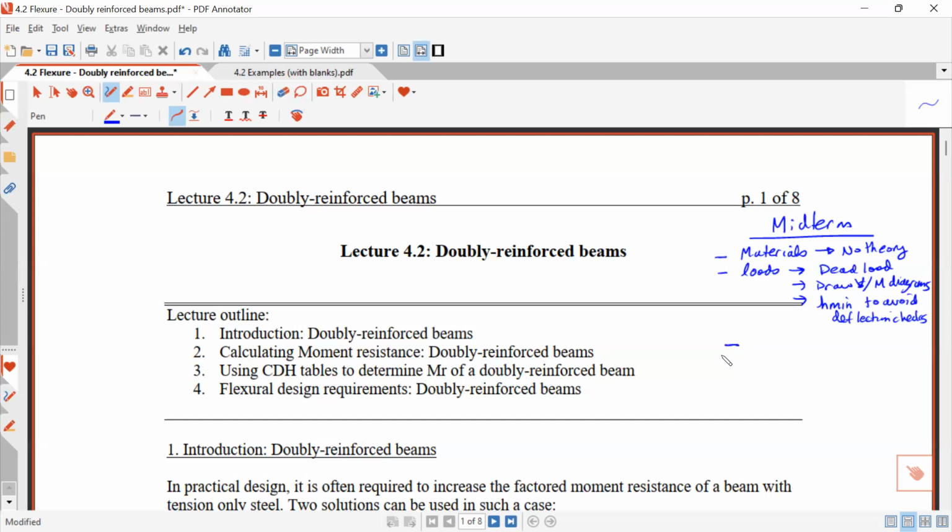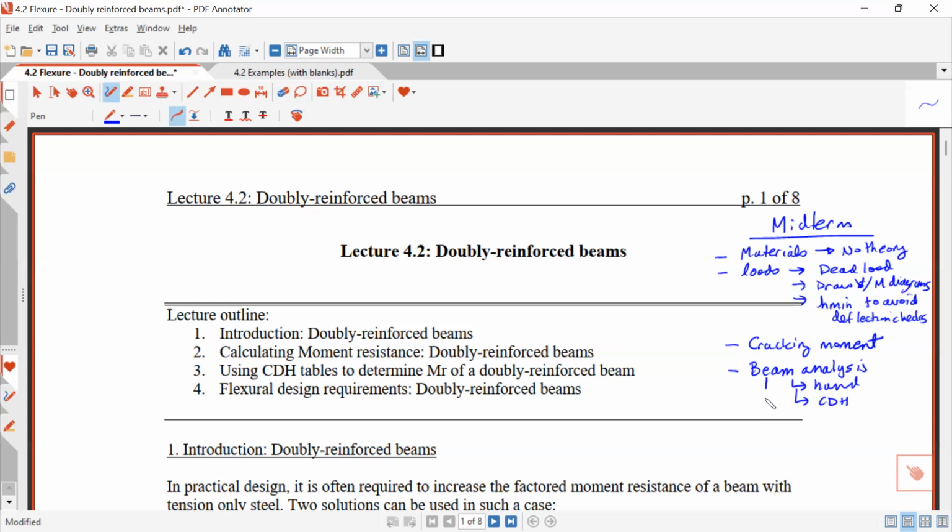Okay, then we went to cracking moment. And then we did beam analysis. We saw how to do it by hand and how to do it using the CDH tables.